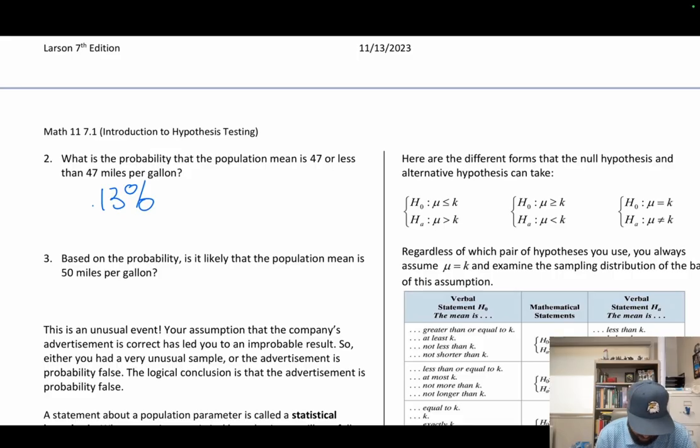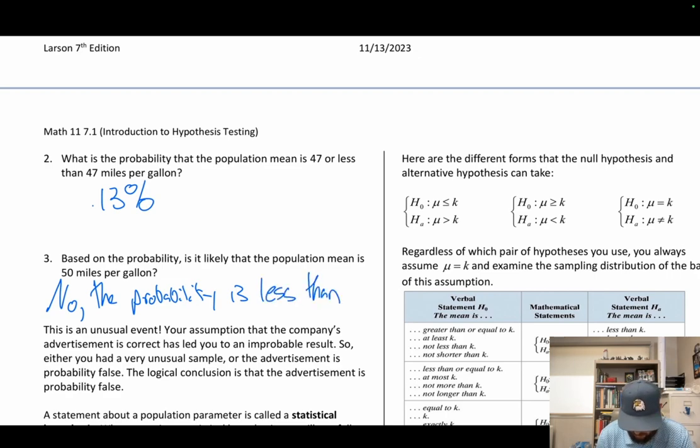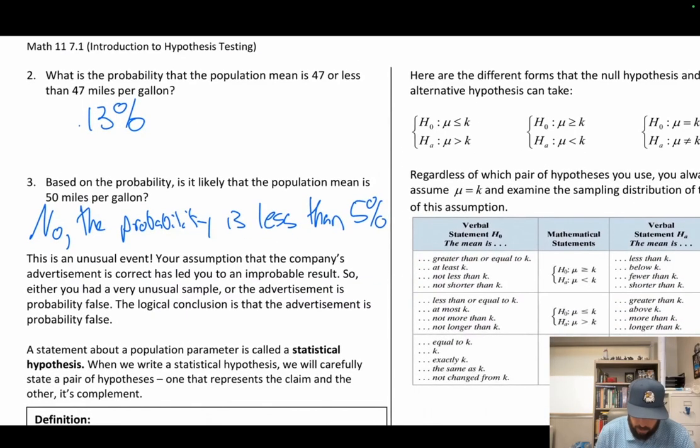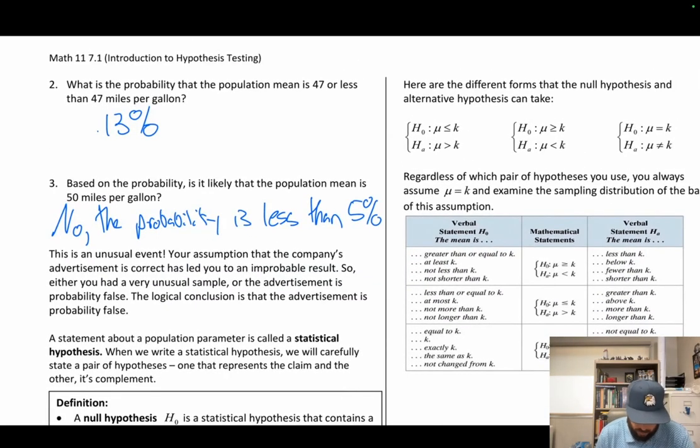And we would say no, because our probability is less than 5%. So what we would call this is an unusual event, and your assumption that the company's advertisement is correct has led you to an improbable result.